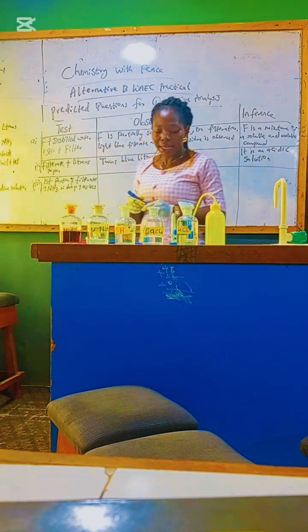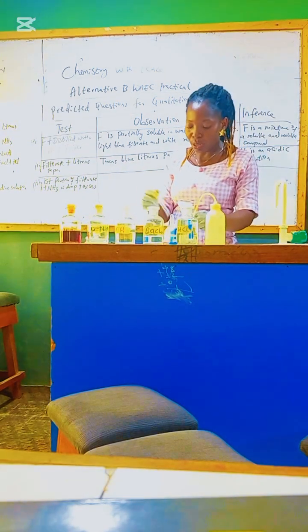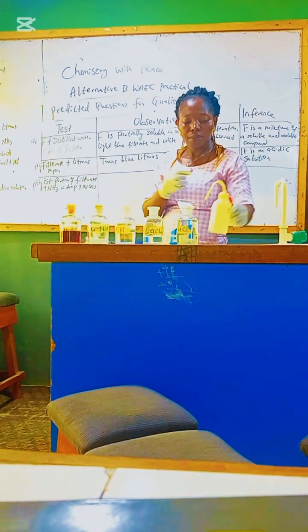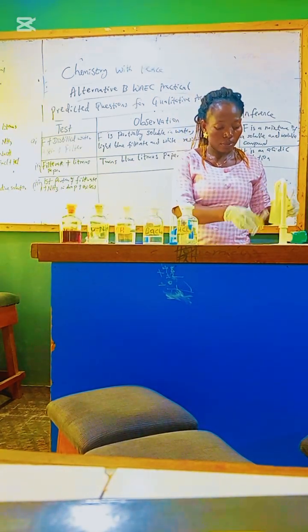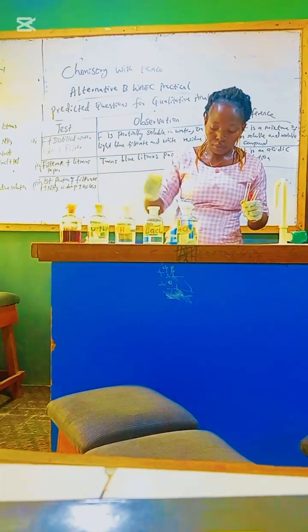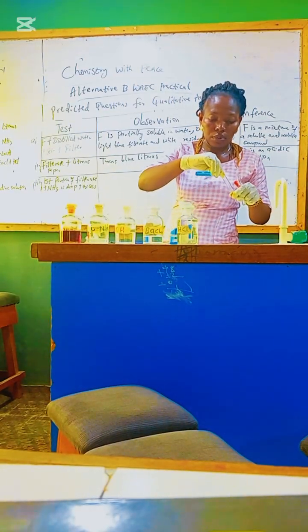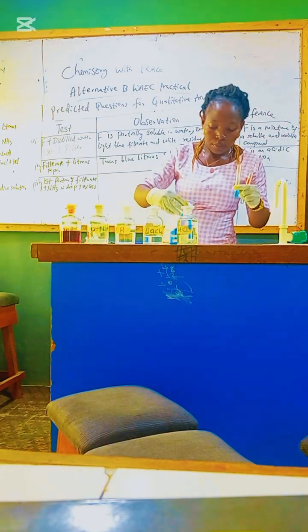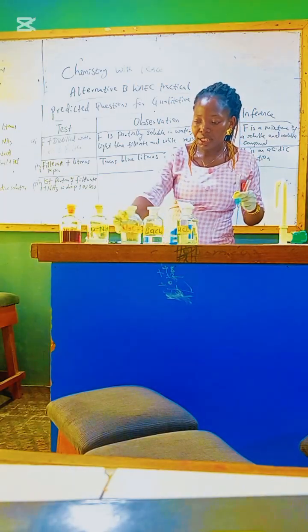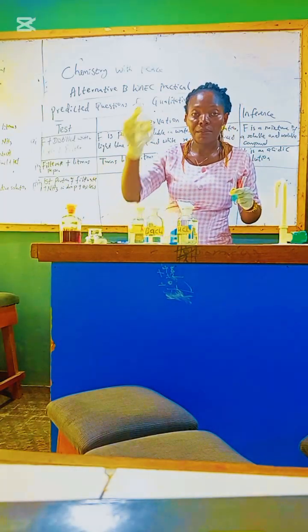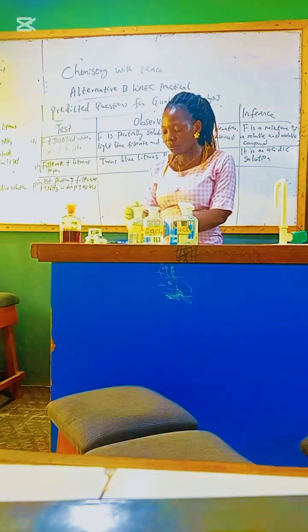Then the next question said first portion of the filtrate plus ammonia solution in drop and in excess. So this filtrate we are going to divide. This is our filtrate. Here is my ammonia solution.